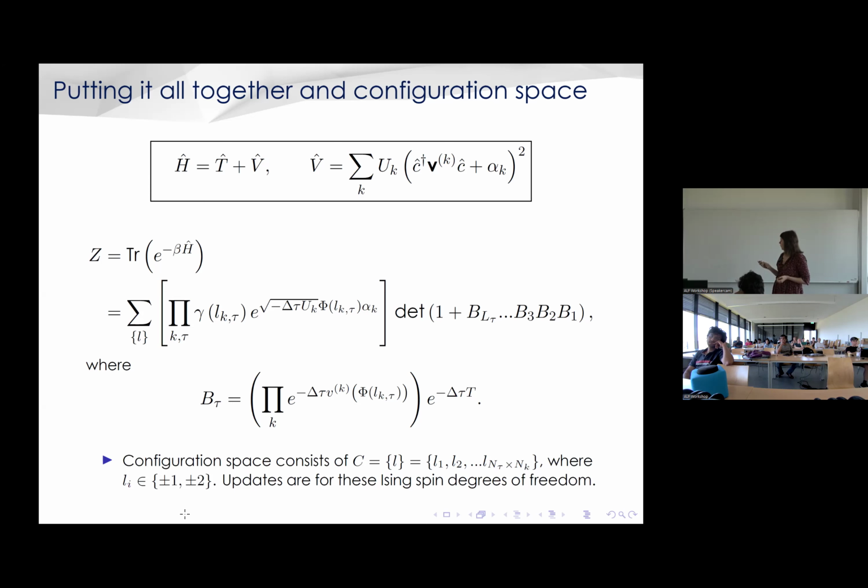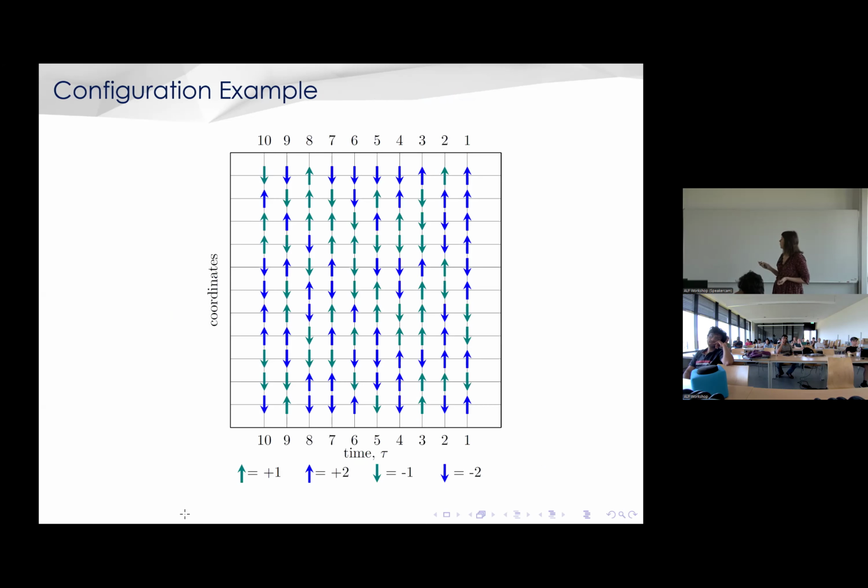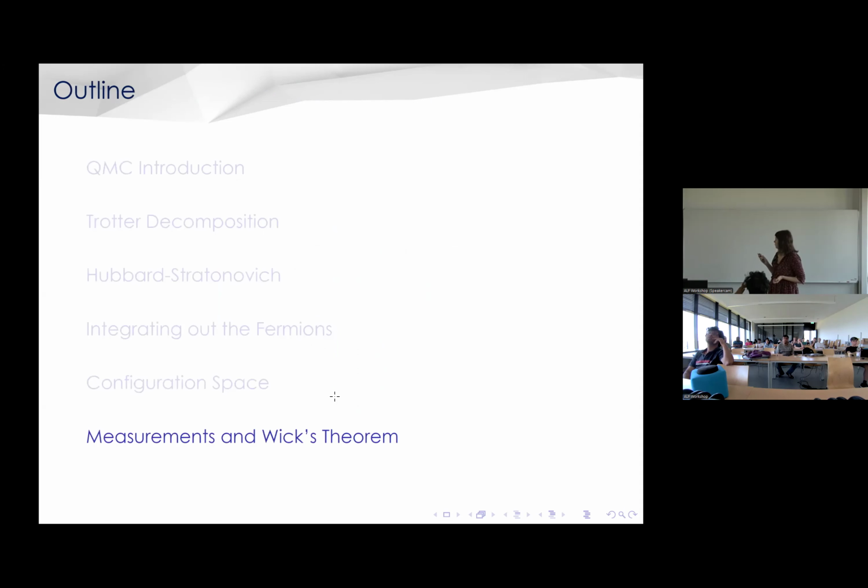And so updates are for these Ising spin degrees of freedom. So going back to this, that's why we are going to be asking, how do we update these spins, and how does the overall weight that I just gave you, that determinant of 1 plus the product of b's, change? Okay. So that was the configuration space, and that was the weights.